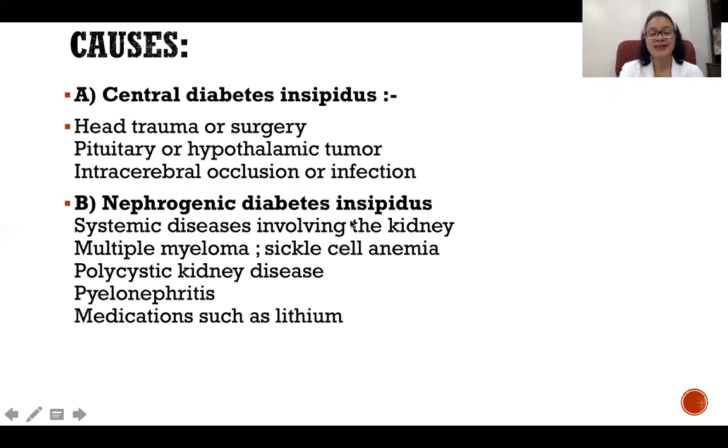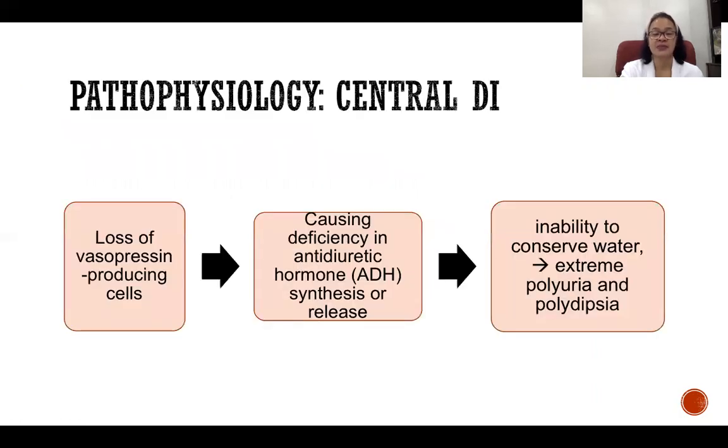Whereas nephrogenic diabetes insipidus could be due to systemic diseases involving the kidneys, patients with multiple myeloma, sickle cell anemia, those having polycystic kidney disease or pyelonephritis or infection, no, of the urinary tract, and then certain medications may also cause a nephrogenic type of diabetes insipidus.